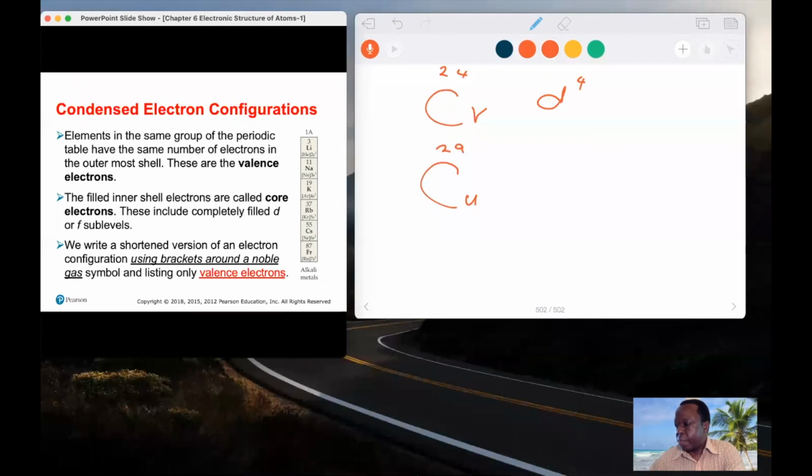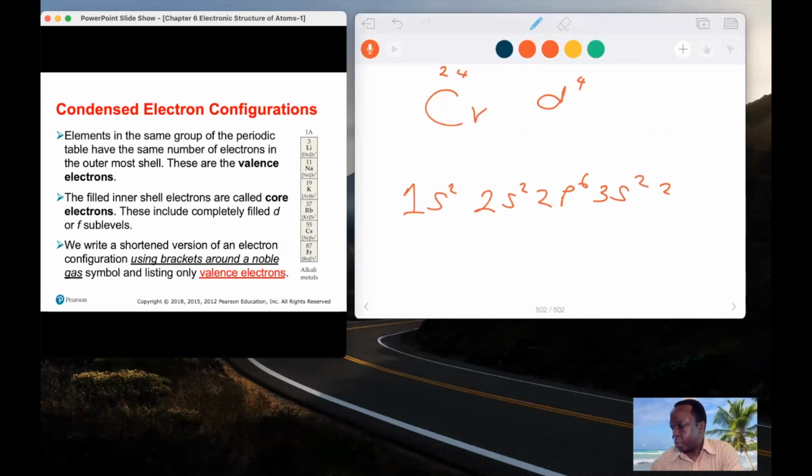Let's say we write the electron configuration of chromium, number 24: 1s2, 2s2, 2p6, 3s2, that is 12, 3p6, 18, 4s2, 20. You expect this 3d4, right? And that is how you would write it.